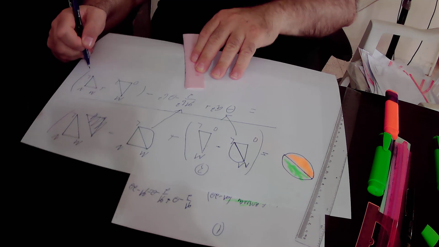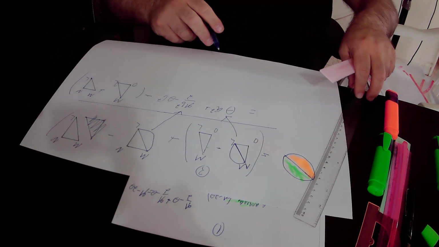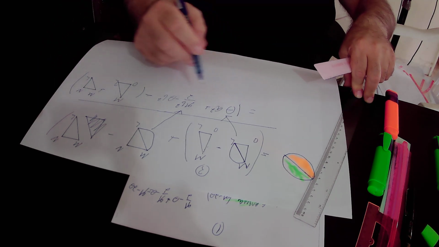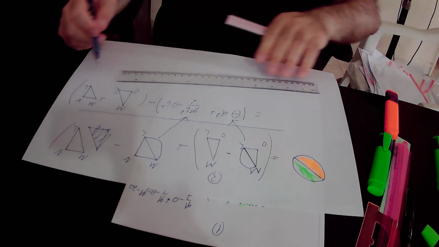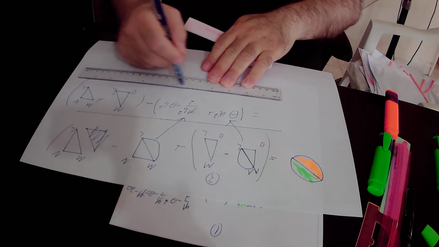So we have to subtract from the sum of the areas of the two sectors the sum of the areas of the two triangles.